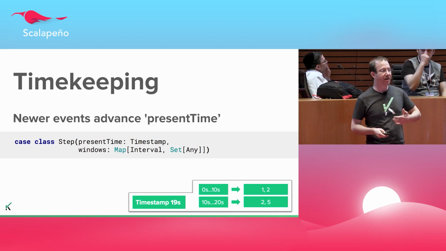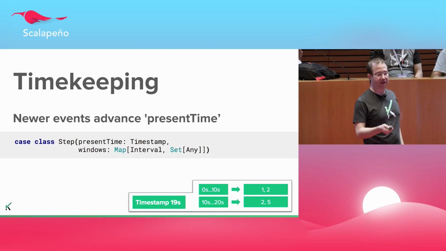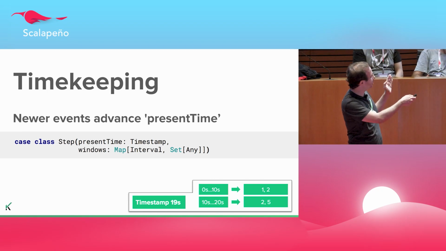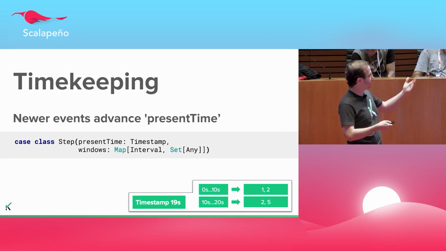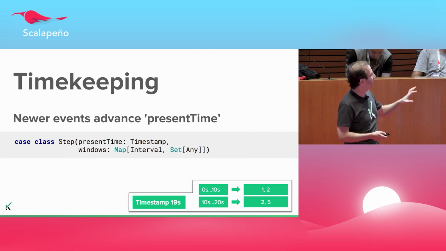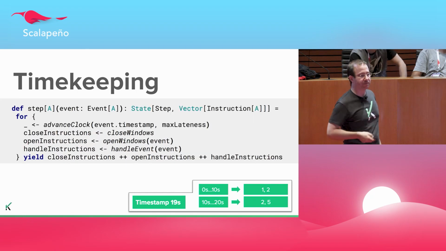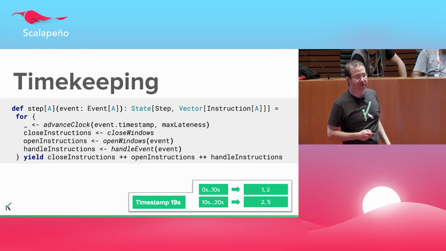So we start with having a timestamp at 19 seconds. And we already have the first interval of 0 seconds to 10 seconds with open windows, sessions that were active. And even the interval afterwards is also occupied with active windows. So this is basically the logic that we follow through in order to handle each event.